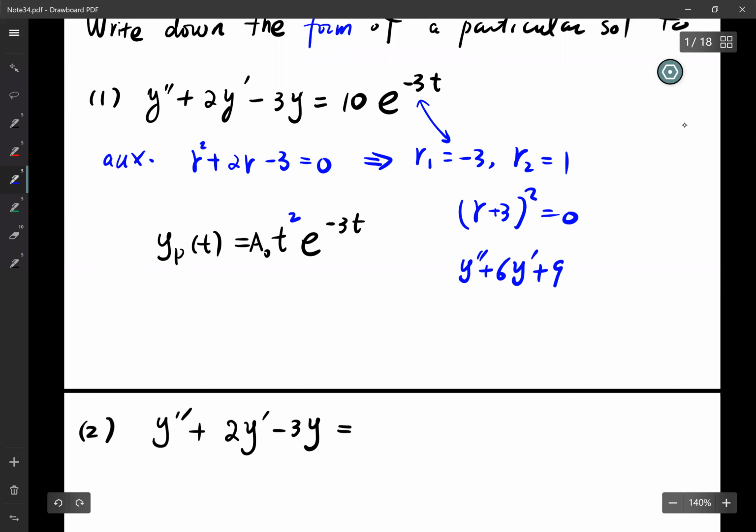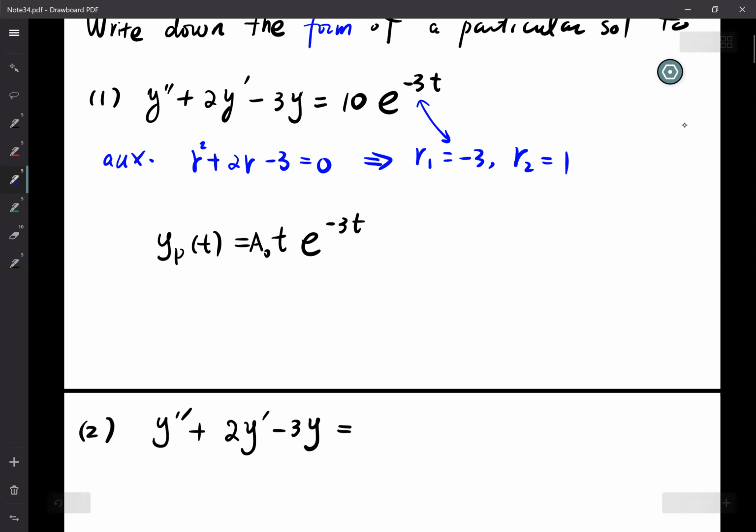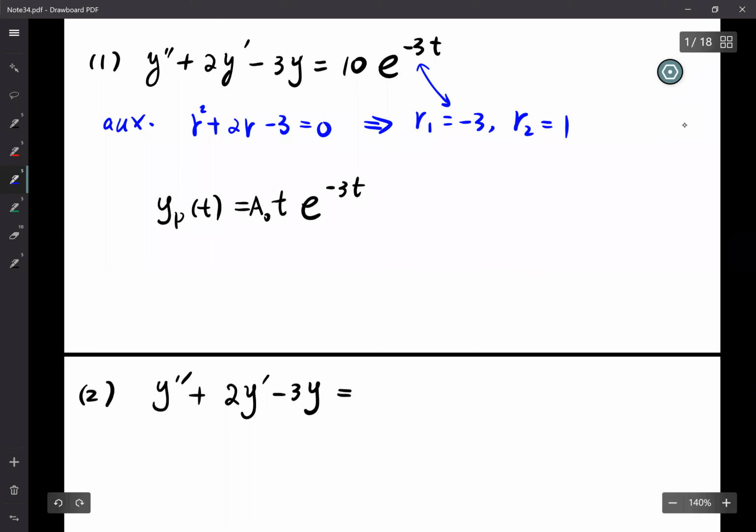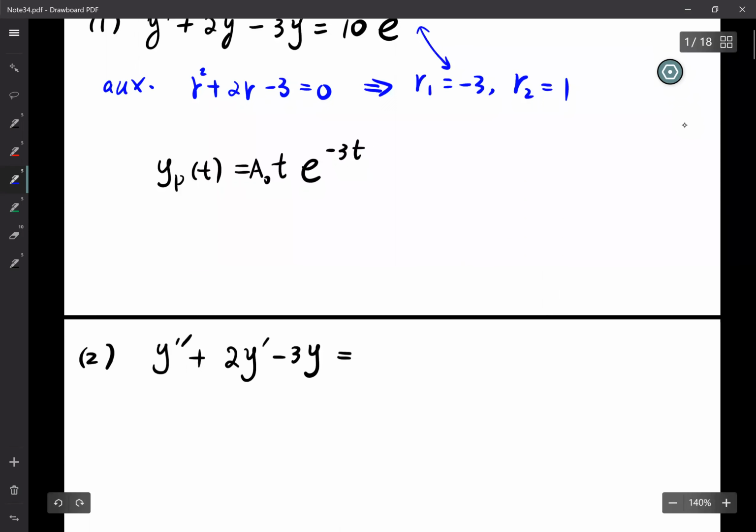But here it is only a simple root, because these two roots are not the same. So basically if the solution for r has two distinct values, then it's a single root, but if they're the same solution with multiplicity 2, then it's a double root. That's right. Okay, thank you.